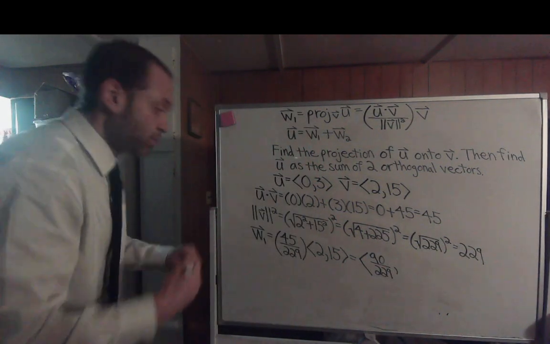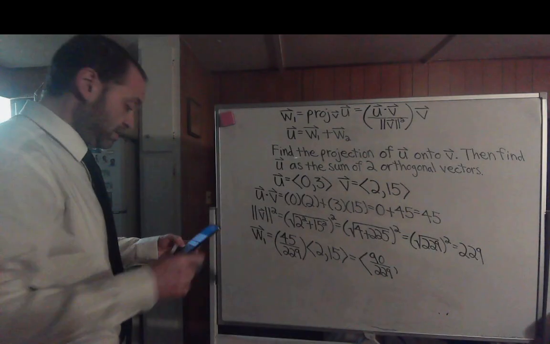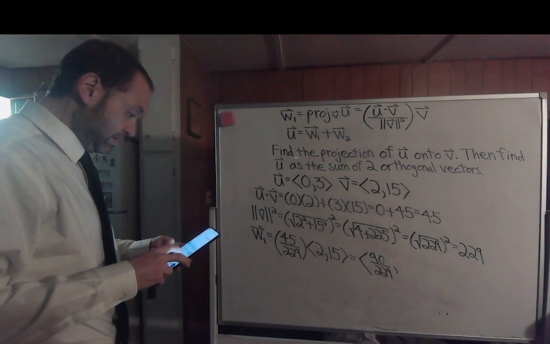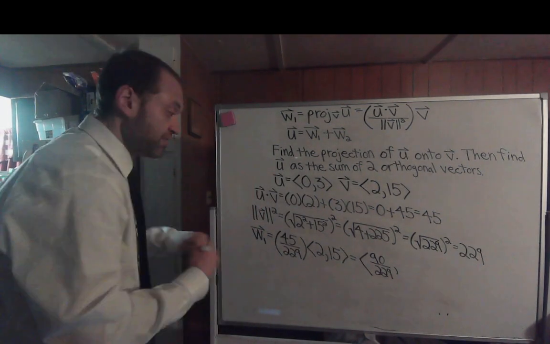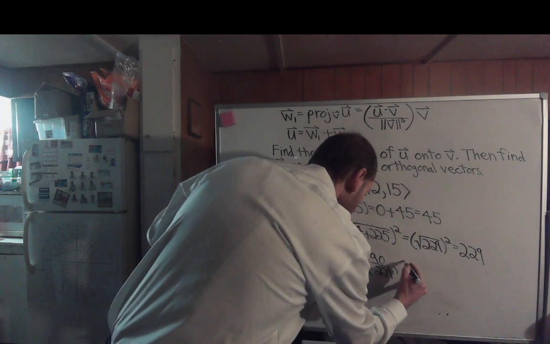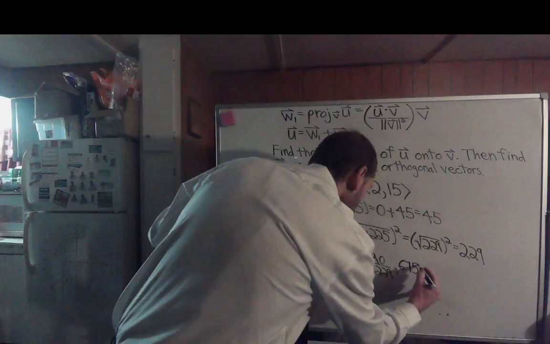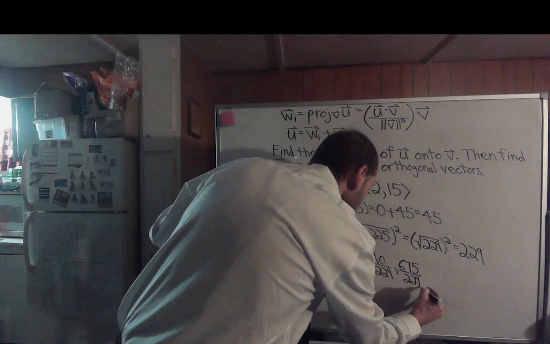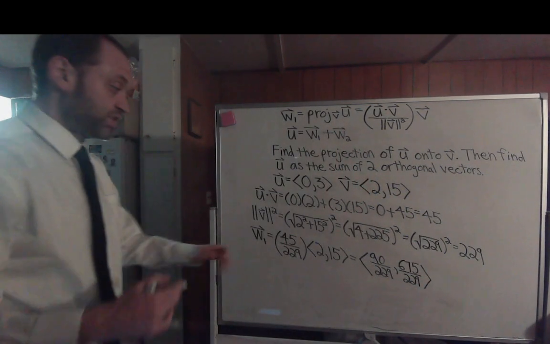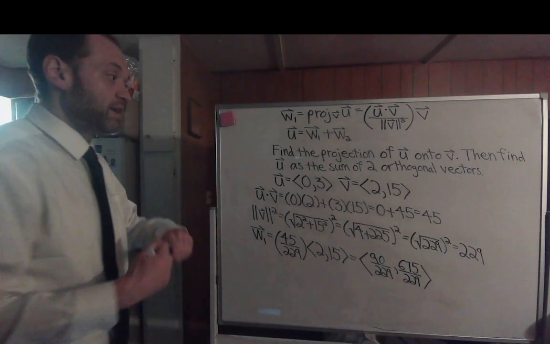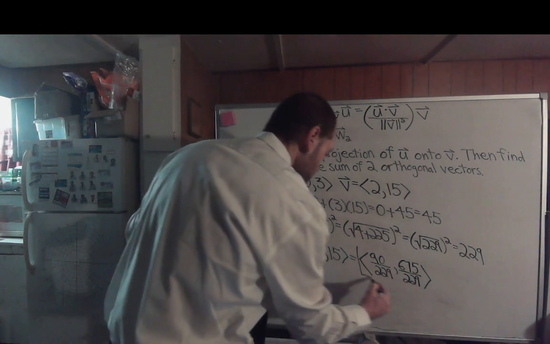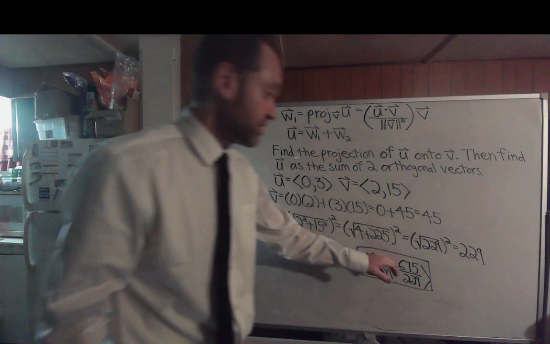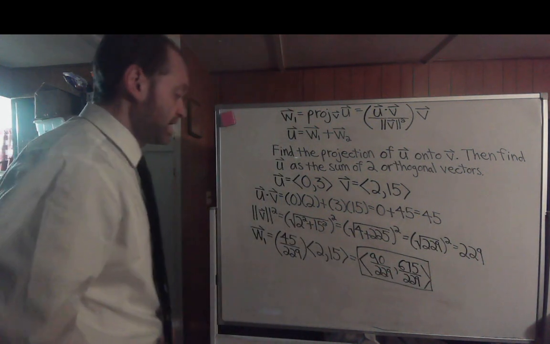And then we got to take 45 times 15, which would be 675 over 229. So your W sub 1, which is the projection of V onto U, is going to end up being 90 over 229, 675 over 229.